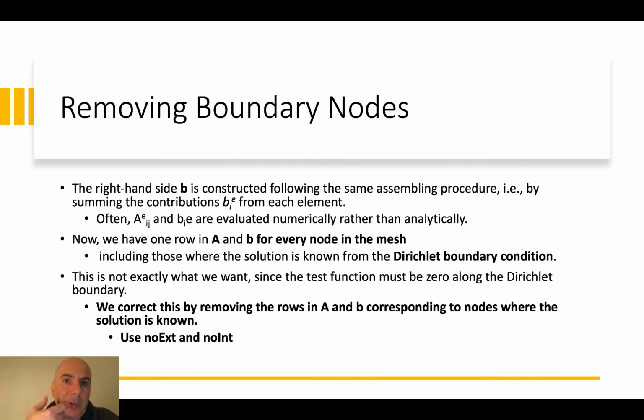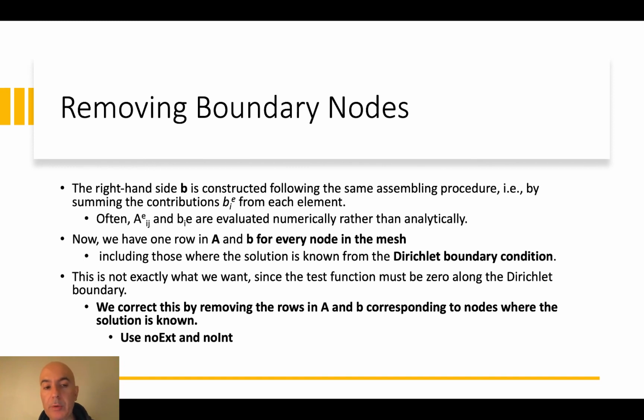This is extremely important in FEM, because what we can do is eliminate the extra equation corresponding to the node at the boundary, and we fix those values to a given value. So the right hand side, the vector b that we're going to use when we solve the linear system, is constructed following the very same assembly procedure we use in 1D.